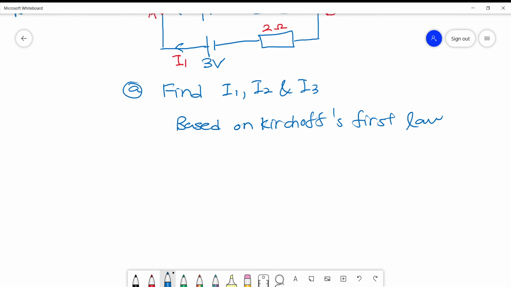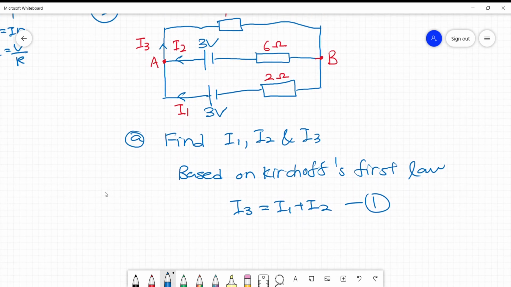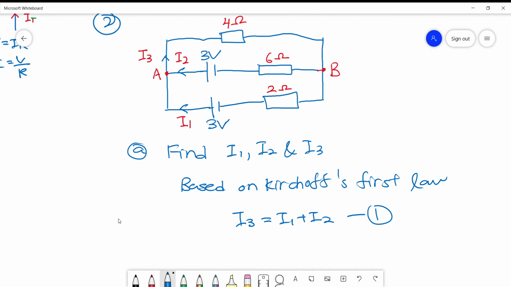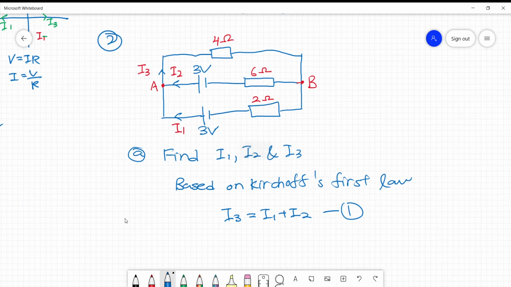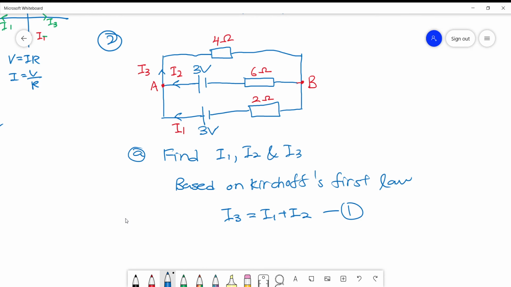So what I get is I3 equals I1 plus I2. This is my first equation. Since we have 3 unknowns, we require 3 equations. So where can I find the other equations?